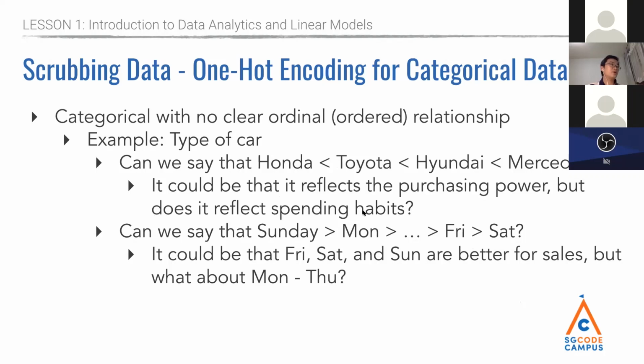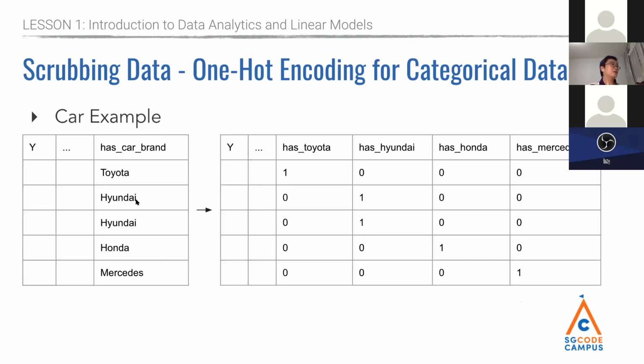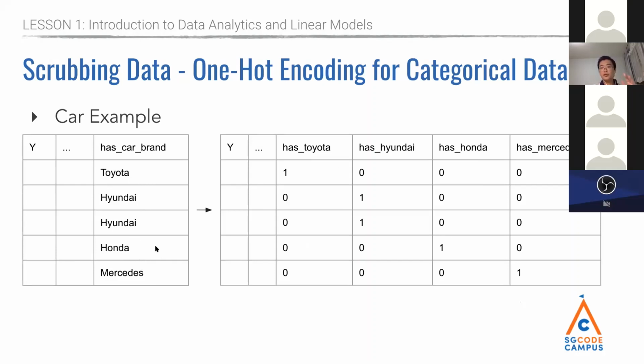But one-hot encoding is a different transformation. It creates a lot of dummy columns. Say this car brand has Toyota, Honda, and Benz, four different categories. Then we create four different dummy columns.